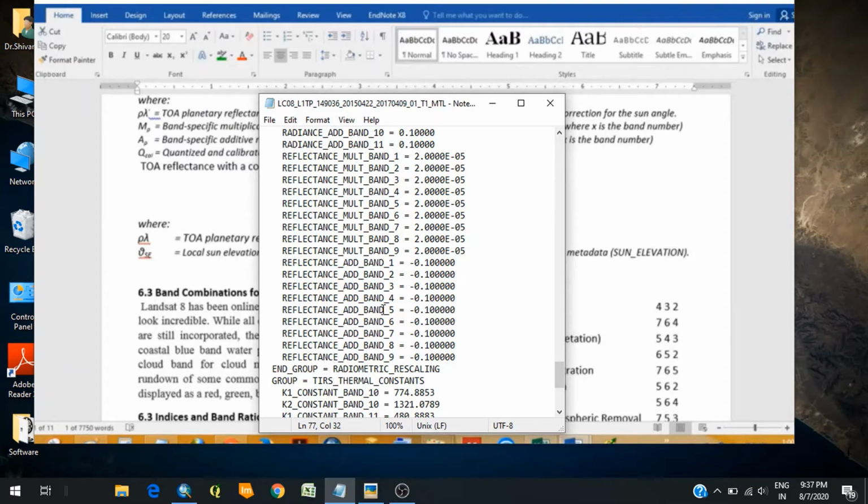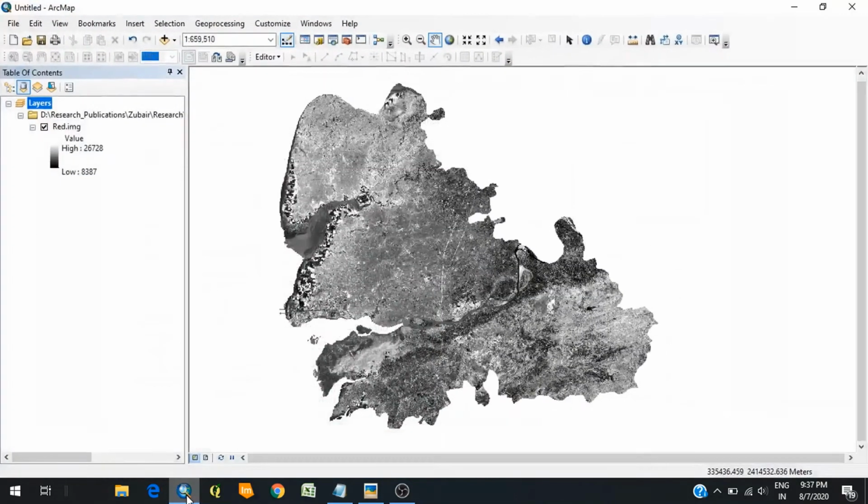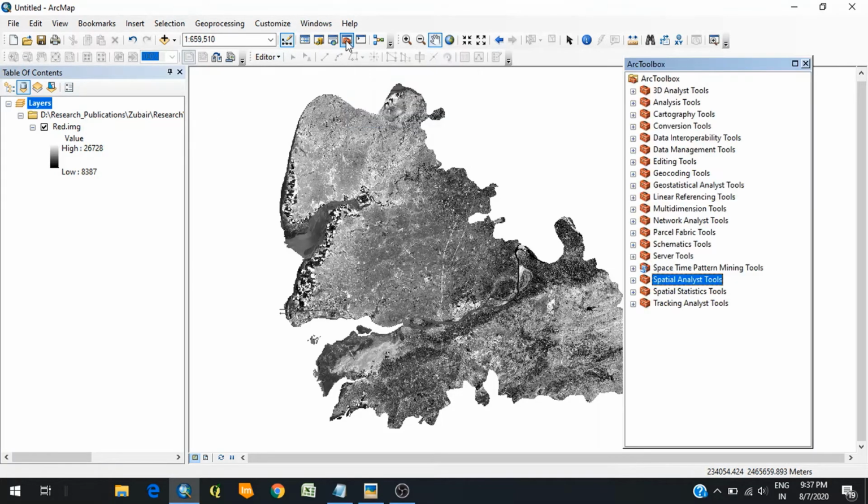Now how will you do that? Just launch your ArcGIS. For example, this is the image which has a DN value ranging from 8,387, and the highest DN value of this image is around 26,728. So this is the DN value range. Now click on ArcToolbox.